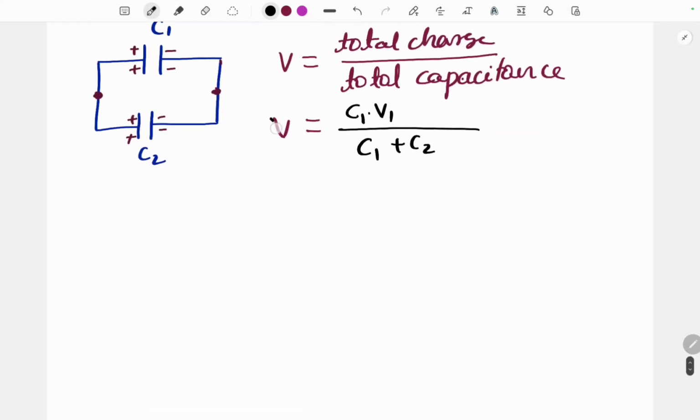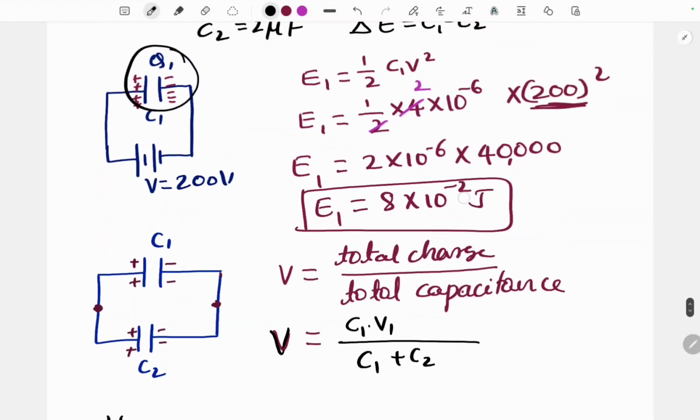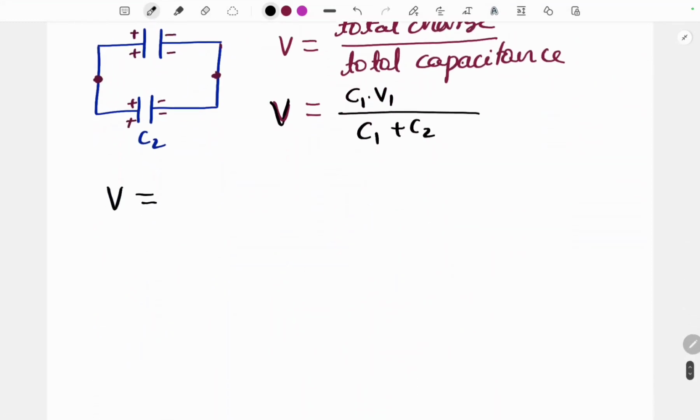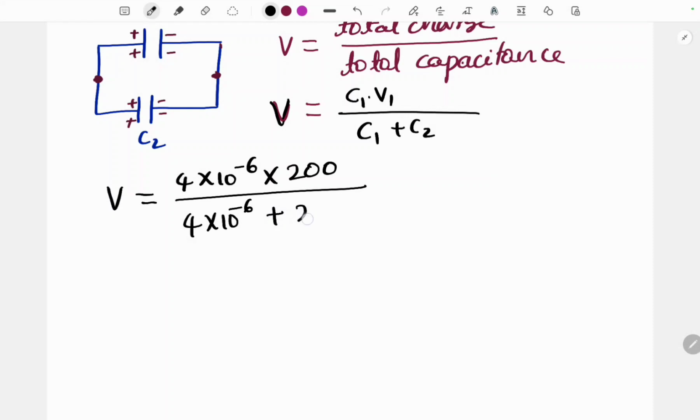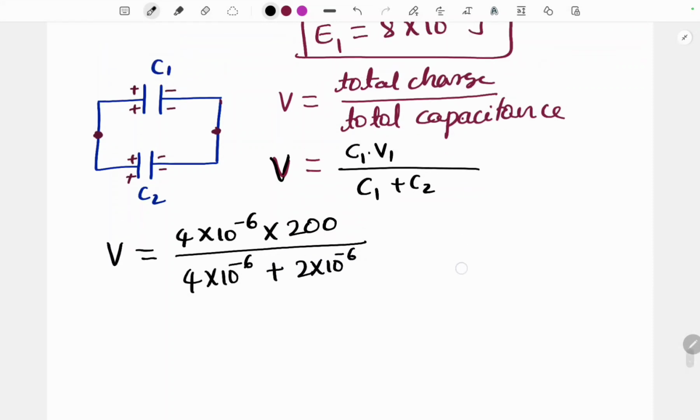Okay, now let me calculate V. That V value is equal to C1, which is 4 microfarad, into V1, which is 200 volt, divided by C1 plus C2, that is 4 microfarad plus C2, 2 microfarad that we have connected here.